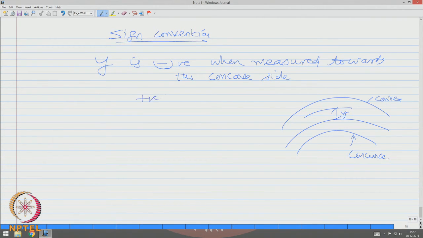It is measured positive when measured towards the convex side, where this is the centroidal axis, not the neutral axis. Neutral axis is somewhere here, it is shifted. Okay, this is the neutral axis.